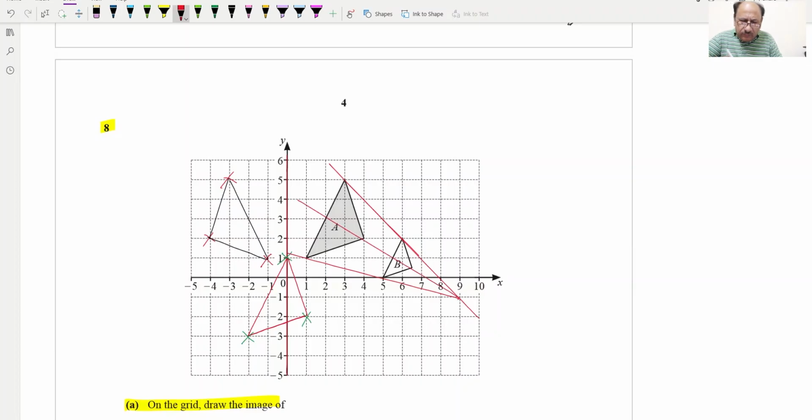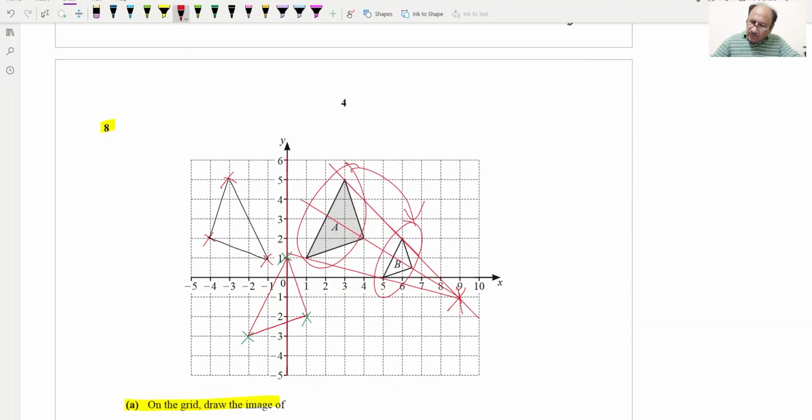So I want to draw a little accurately. So this is basically the point which is the center of enlargement. It is being enlarged, and basically it is 1 by 2. So this is A onto B.